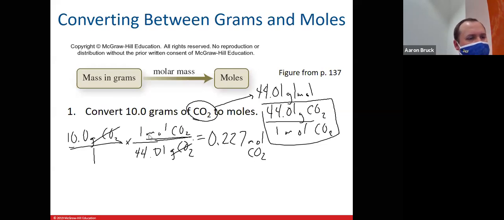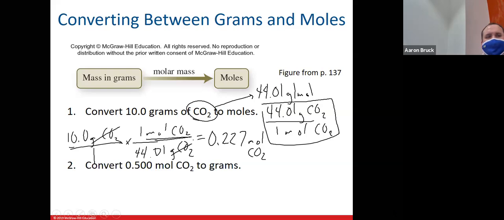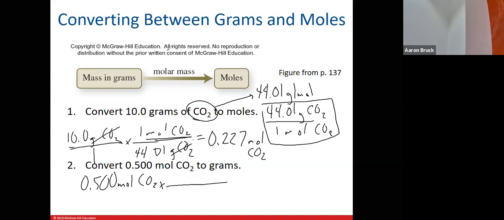Now, if I need to go the other way, if I need to flip it around, it's the same kind of conversion, just flipping over that fraction. 0.500 moles of carbon dioxide, every mole of carbon dioxide weighs 44.01 grams.